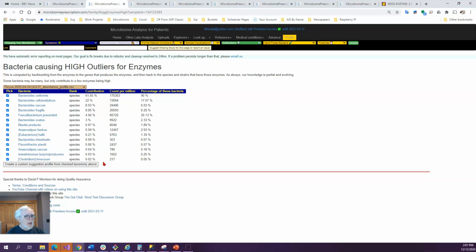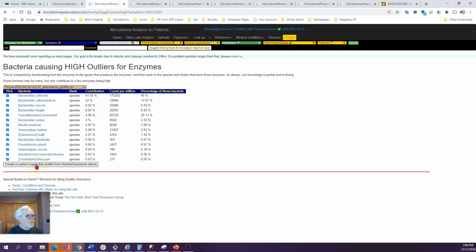So we have two numbers, one indicating the percentage of the bacteria which we identify. The other one is the percentage of impact on all the different enzymes, which are two slightly different concepts. For example, here we have 20% of the bacteria, but only 5% of the enzymes which are high are going to be traced to it.